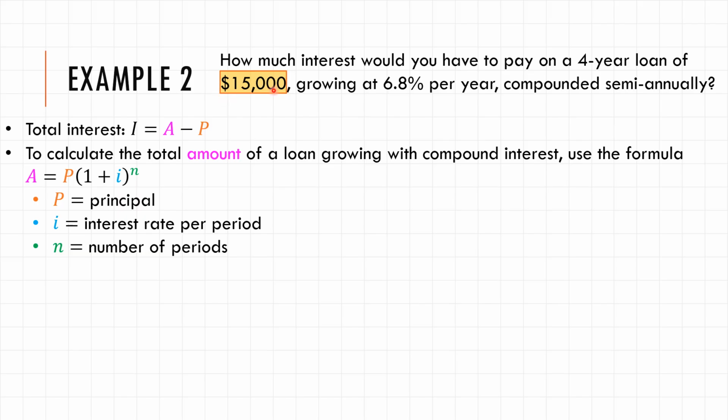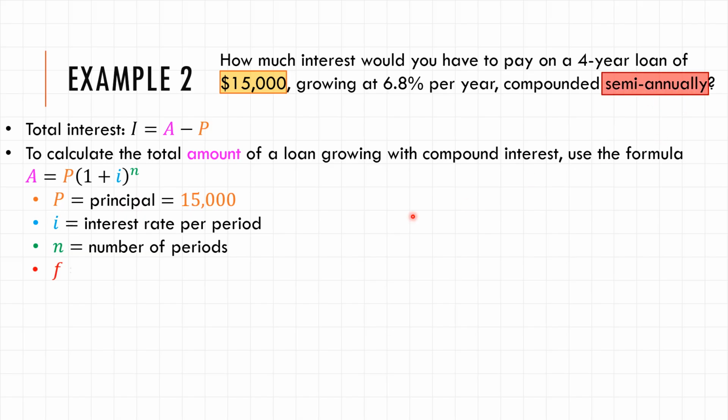And so $15,000 is our principal. Our interest rate per period, remember, this is compounding semi-annually. That's every 6 months, if you refer back to that table. And so the frequency: how many periods are there in 1 year if one period is 6 months?